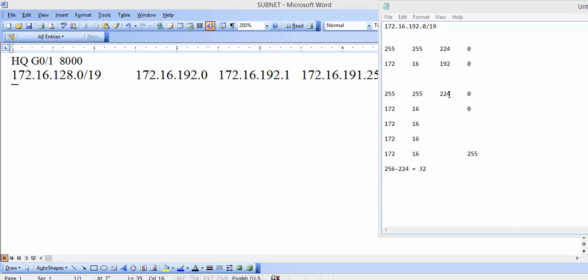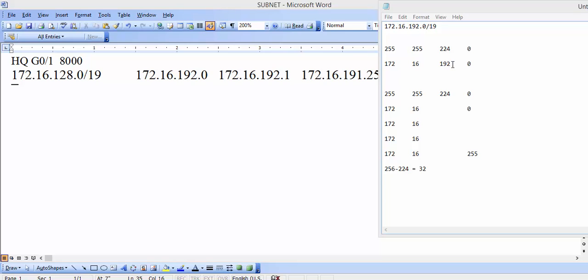Sorry, I said 224, it's not 224, it's 192. 192 fits this criteria nicely, because 6 times 32 is going to be 192.